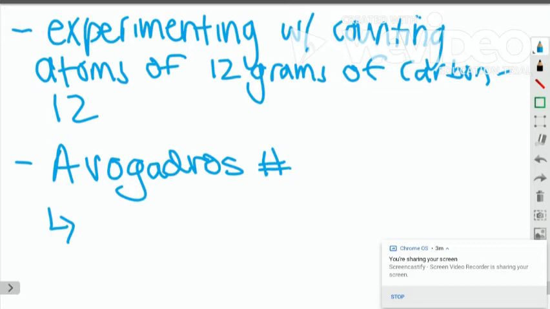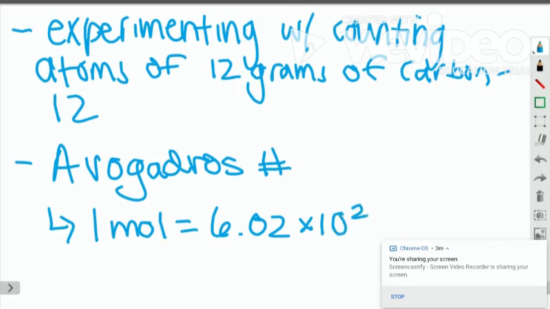So Avogadro's number, and we will use this in conversions, is that 1 mole is equal to 6.02 times 10 to the 23rd power. So that means that there are a lot of zeros in that number. You are moving that decimal place to the right 23 times.